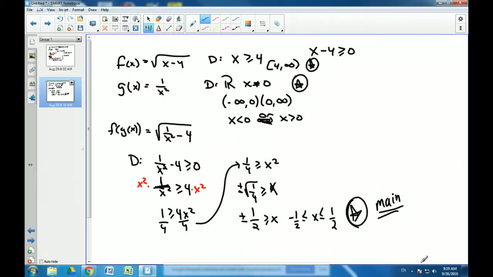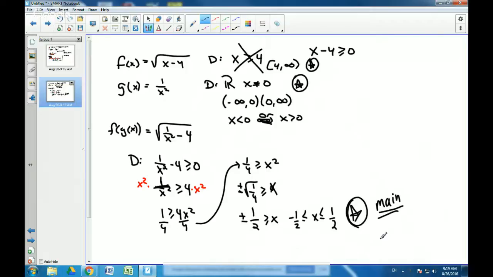So we compare this to the other 2. This has to be true. Can I use this one anymore? No, it's now invalid for this function. It still works for the original, right? But for this one, we don't consider it anymore, because it's not inside this interval.